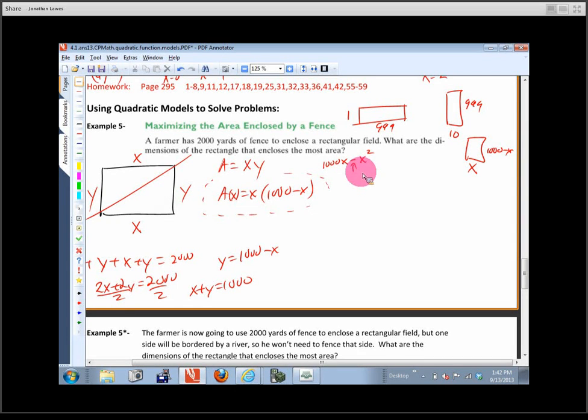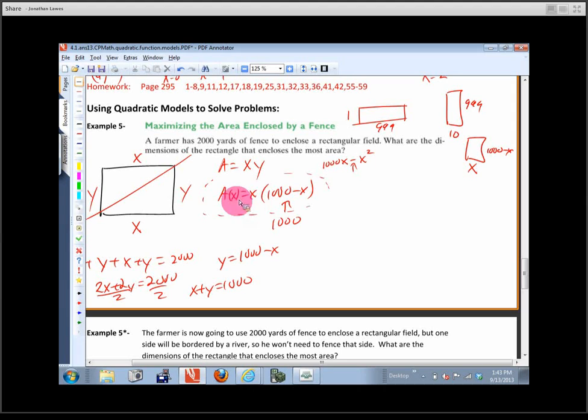Okay, next question. What will make this factor right here equal to 0? 1,000. If I plug in 1,000, that whole thing would equal 0, right? That means it's an x-intercept. What would make x equal to 0?